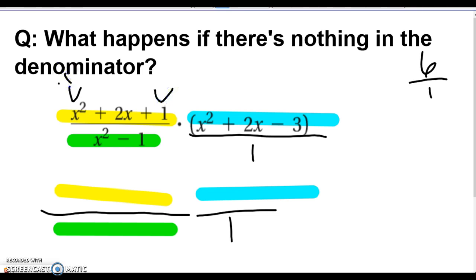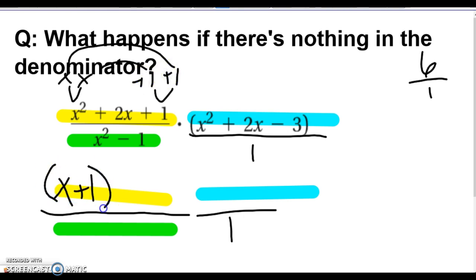X squared can be broken into x times x, and 1 can be broken down to 1 times 1. Now when I add these together, I have to get positive 2, so it's got to be positive 1. So I know that the yellow breaks into x plus 1 times x plus 1.